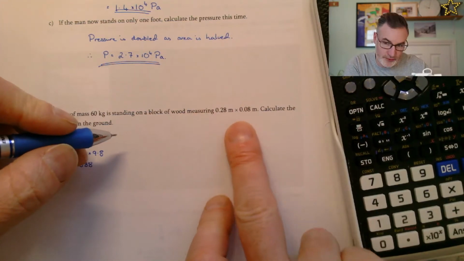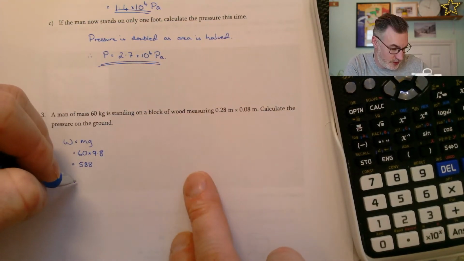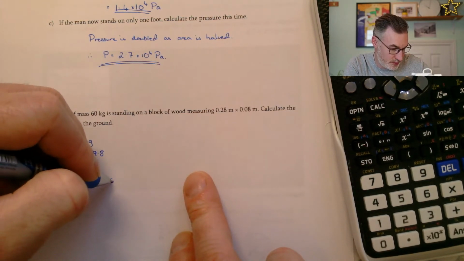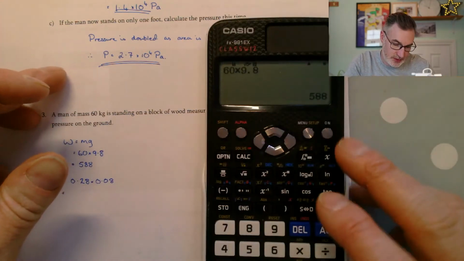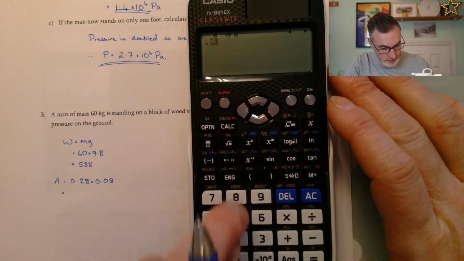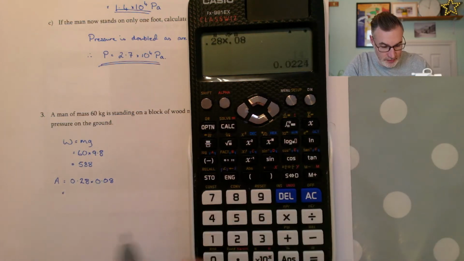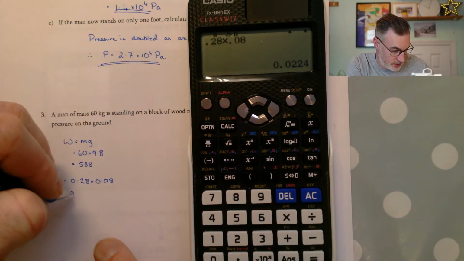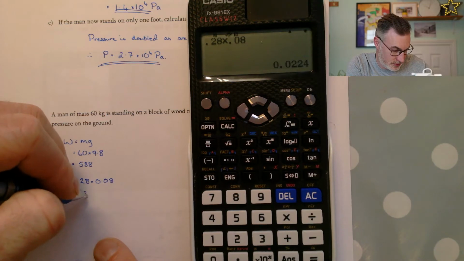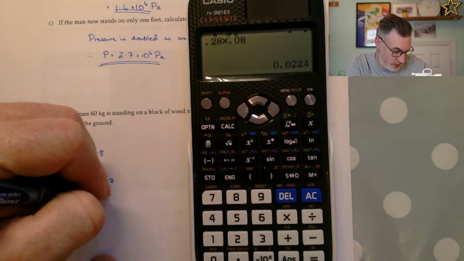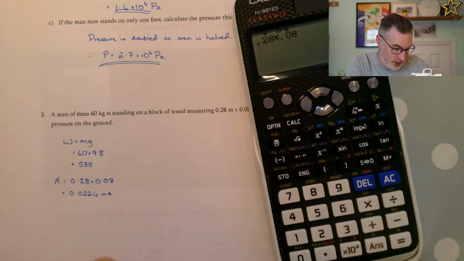Now the block of wood is 0.28 times 0.08, and that would give us 0.0224 meters squared.